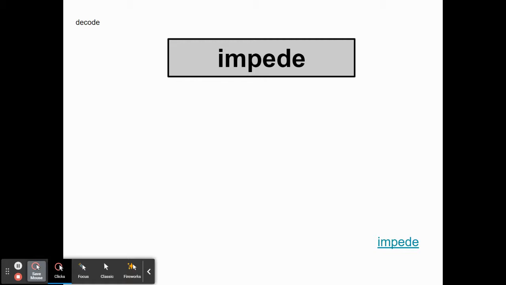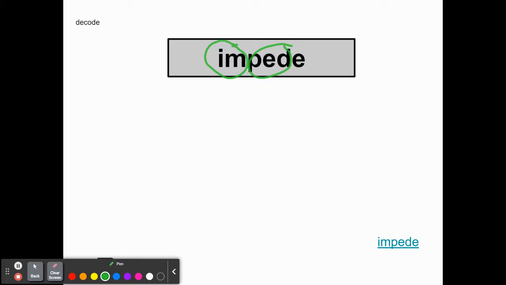So if I was going to syllabicate this, just like we have for the last couple, okay, there we go. So this is our root ped or pede, and then im is a prefix, and I want you to think about how impede relates to something on foot.